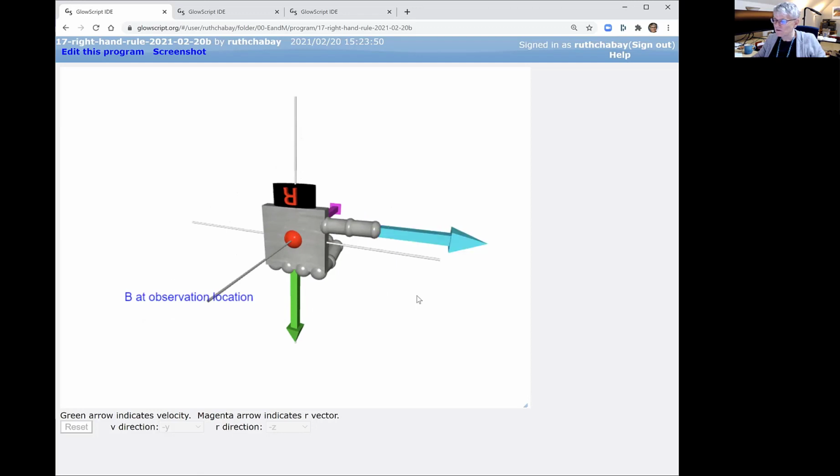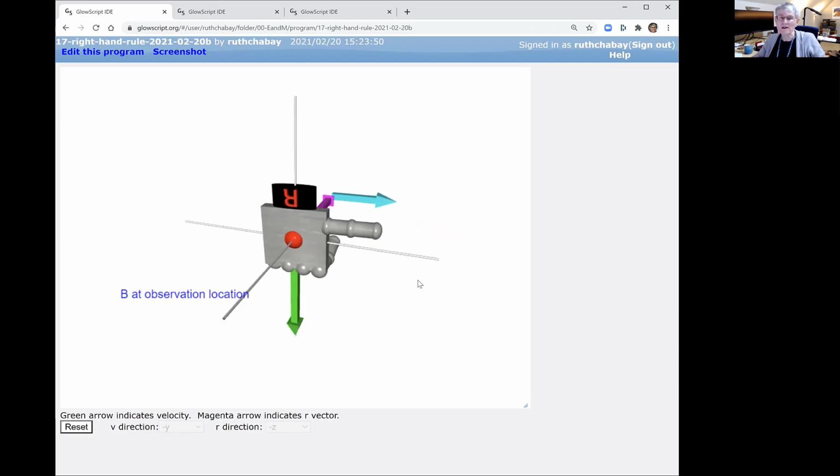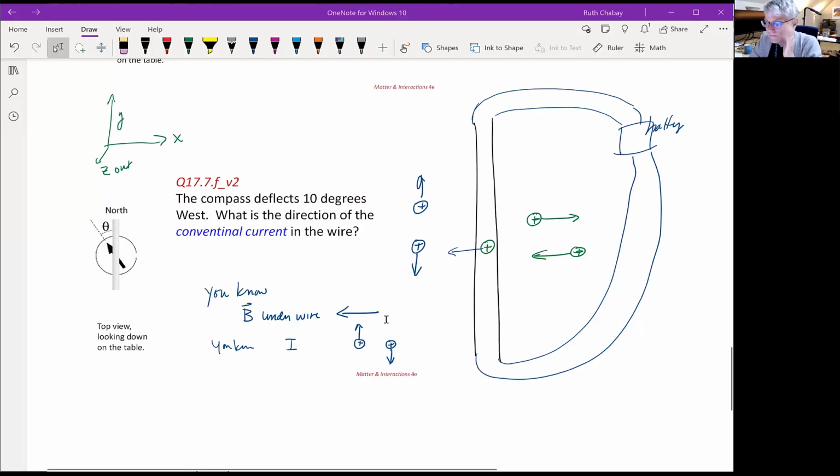And so that would give a magnetic field toward the east, not the west, in that coordinate system, and that doesn't work. Okay, the first one was the one that worked. So in fact, conventional current has to be flowing up to make a magnetic field in that direction underneath the wire.